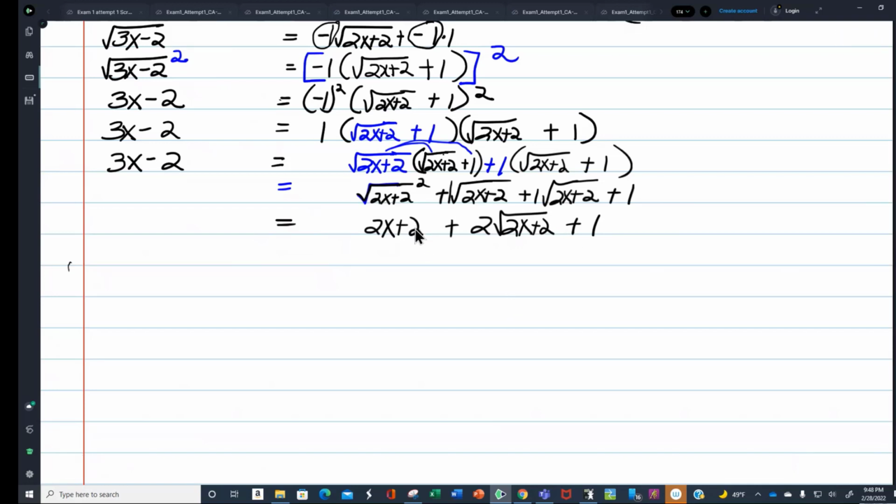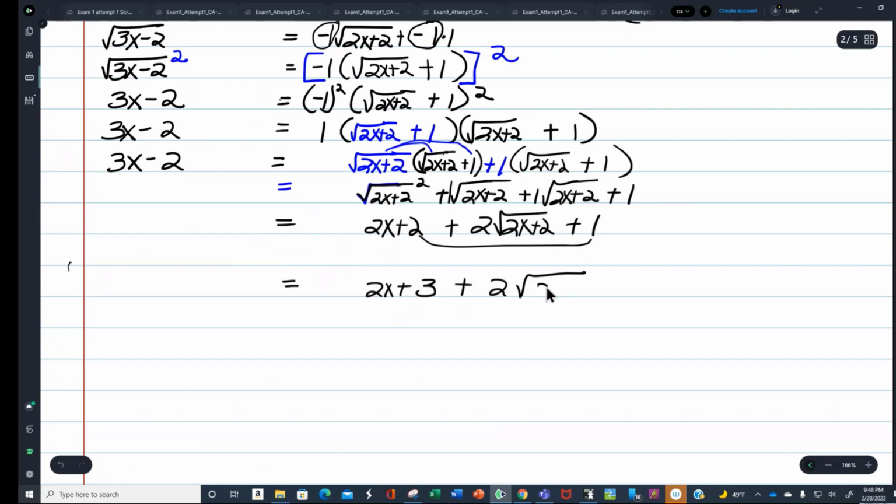And notice that this 2 and this 1 are both constants, and we can add them together. That's called combining like terms. So 2x plus 2 plus 1 is 3, plus 2 times the square root of 2x plus 2.